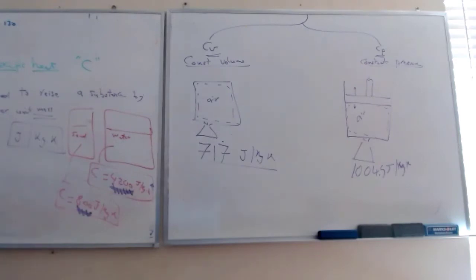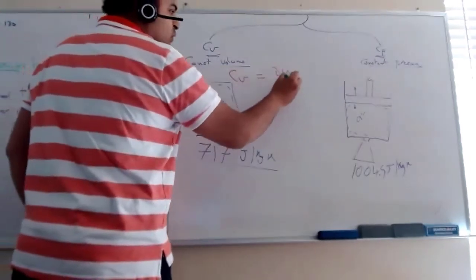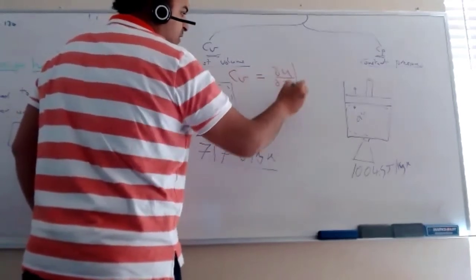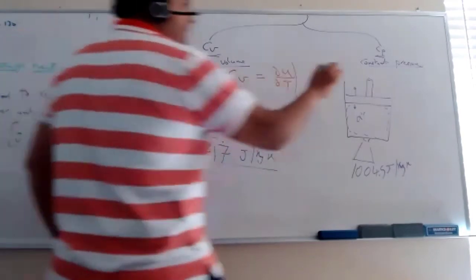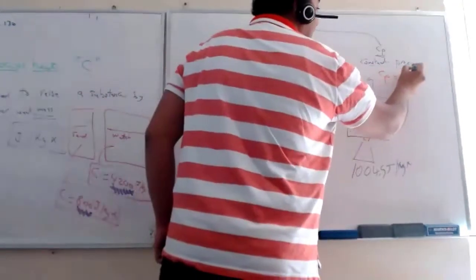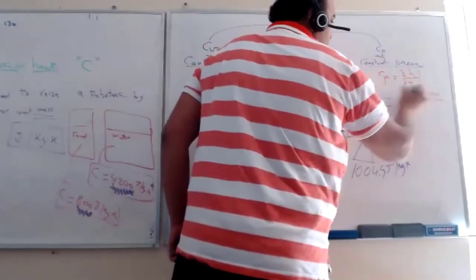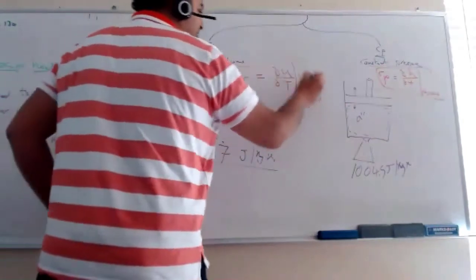So what is the definition here? Cv is du by dT at constant volume. Cp is dH by dT at constant pressure. So here we deal with enthalpy and internal energy.